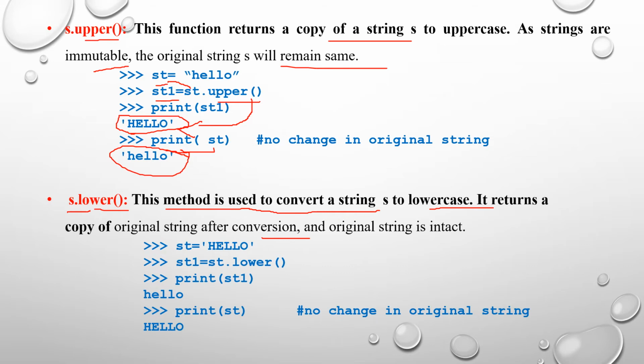So for example, st is equal to HELLO. Here all letters are in uppercase. After that, st1 is another variable equal to st.lower(). If you print st1, it will print hello. So this function converted all uppercase into lowercase.